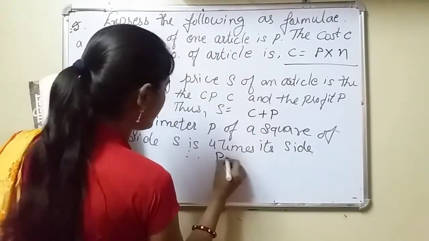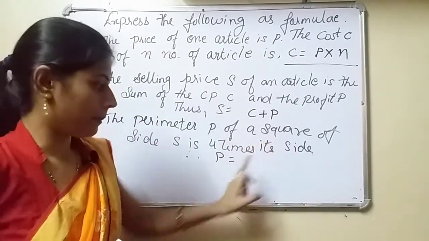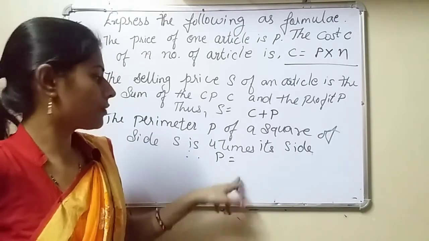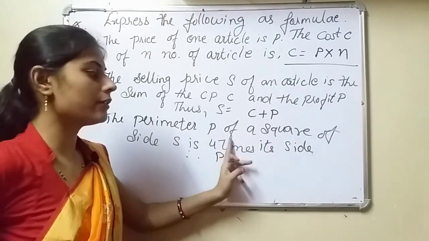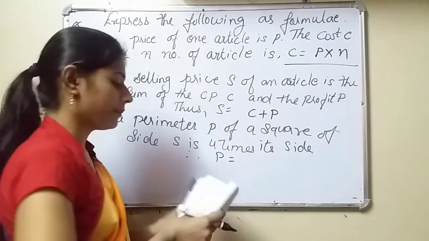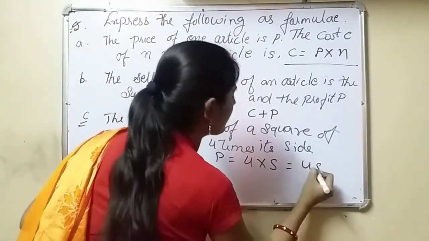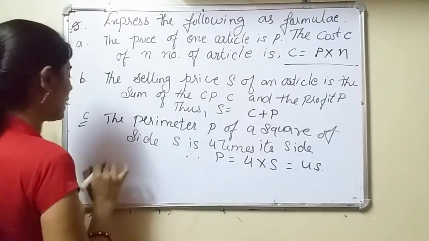Therefore P is equal to, what they have asked, the perimeter of a square. P is the perimeter of a square of side S, which is 4 times its side. It means 4 times its side, it means 4S, 4 into side.